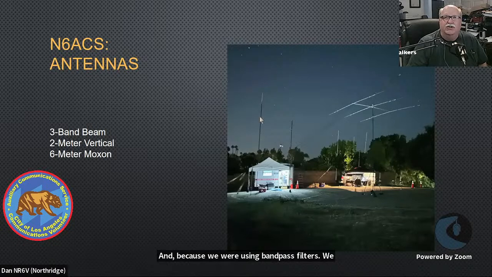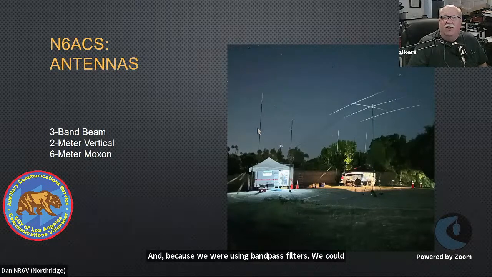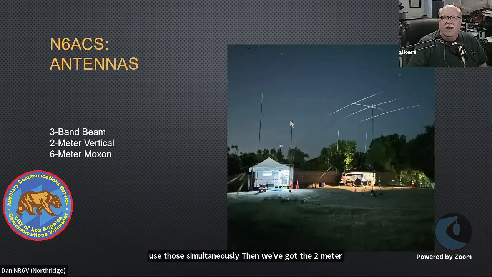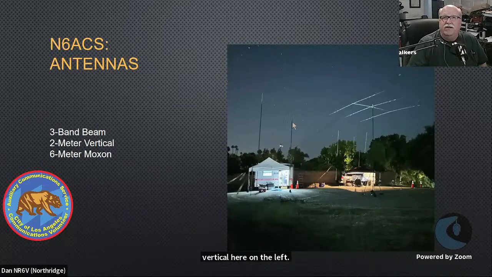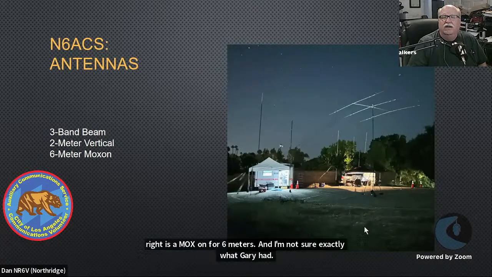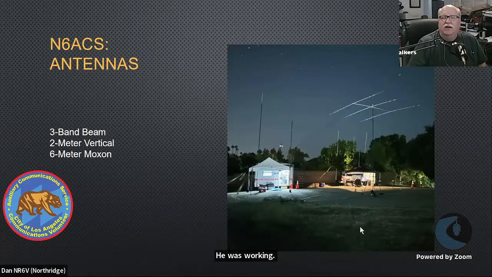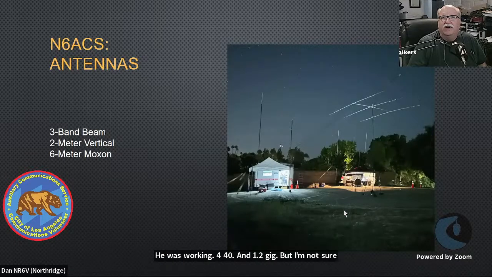Then we've got the 2-meter vertical here on the left. The right is a Moxon for 6 meters. And I'm not sure exactly what Gary had. He was working 440 and 1.2 gig, but I'm not sure exactly what those antennas are specifically.